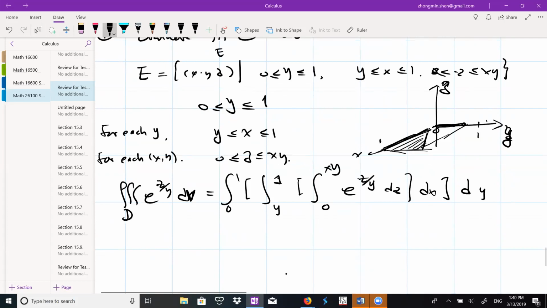When x equals 1 and y equals 1, it is here. So the graph looks like that. It's like a triangular type of roof, like a tent.